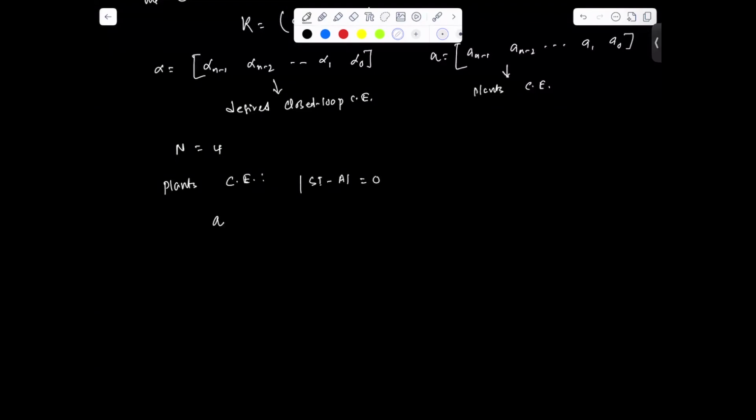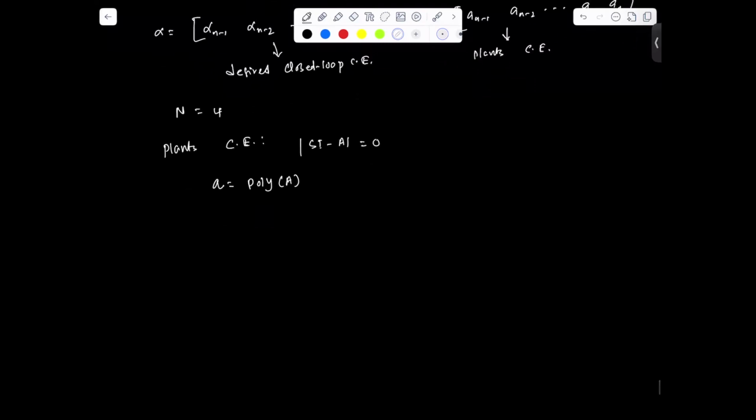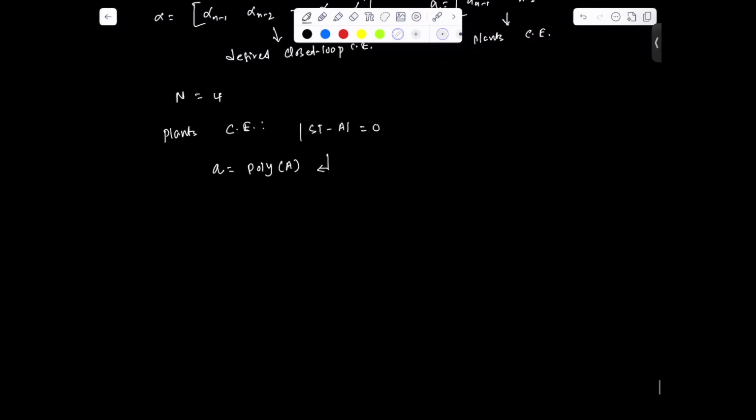Here you can write a equal to poly(A), and if you enter it in the command window, we get a equal to 1, 0, minus 10.78, 0, 0.